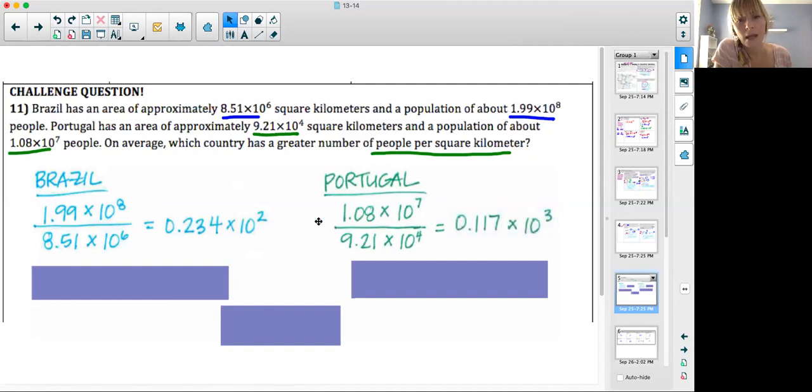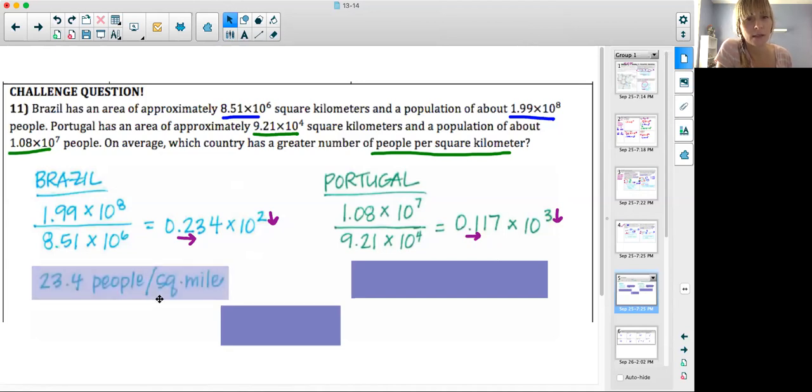Okay? And then I went, hey, those are not in scientific notation. That's okay. I can fix that. If this goes one bigger, this goes one smaller. And actually, I think I took these all the way to standard form, but that's how you'd make it scientific notation.